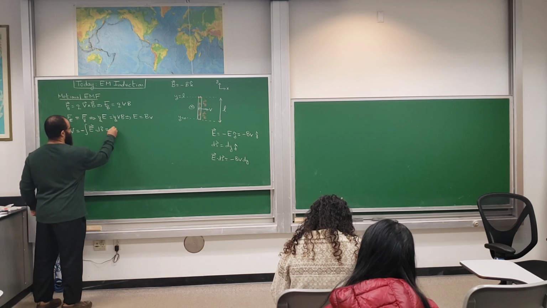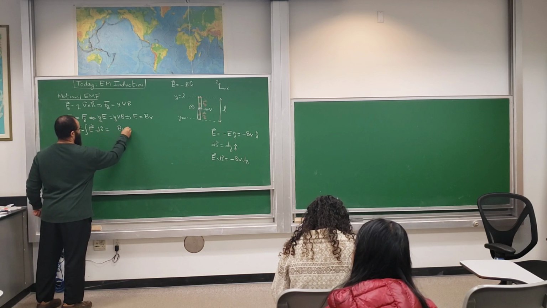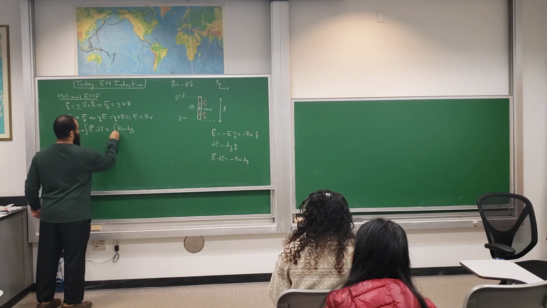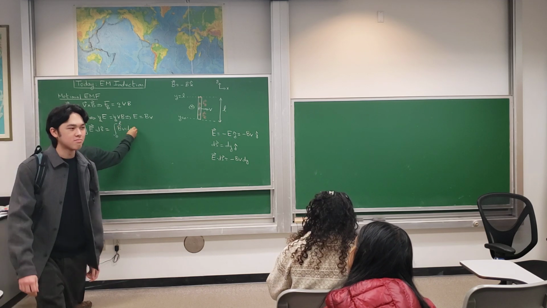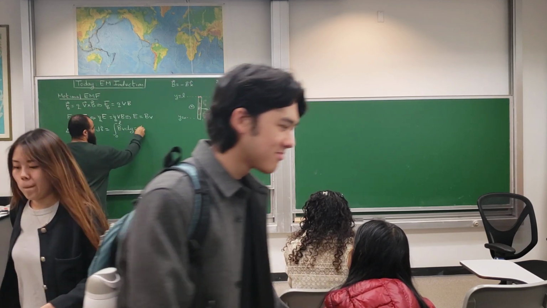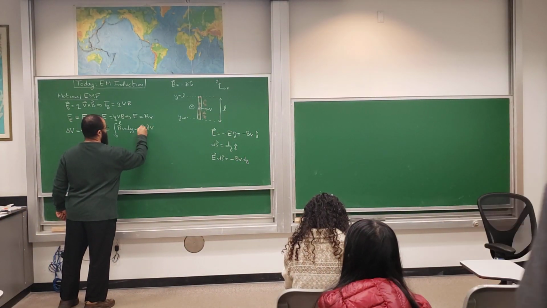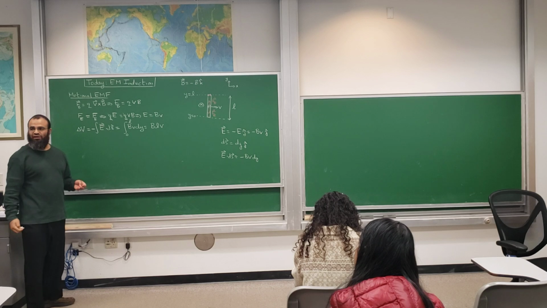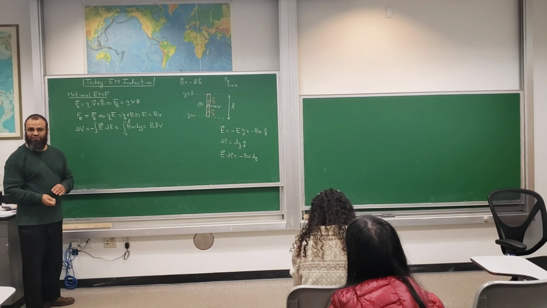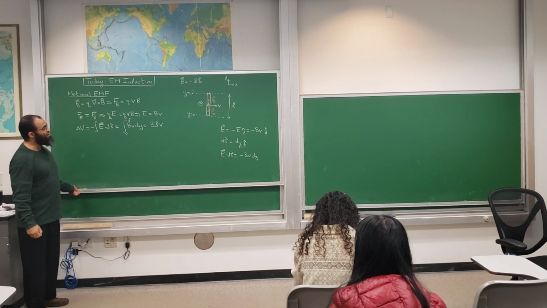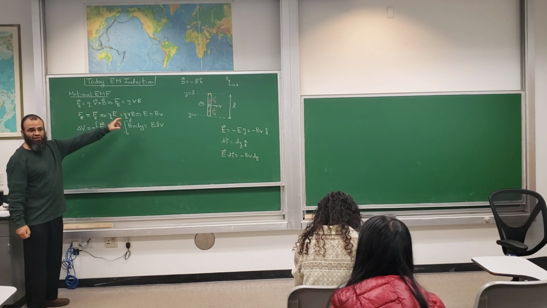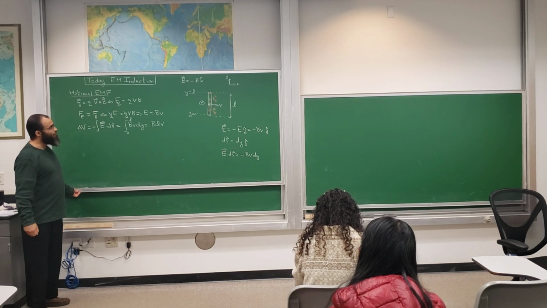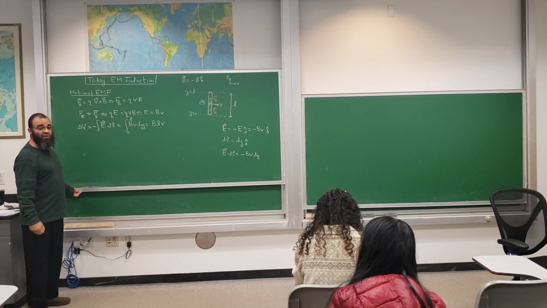We have y from 0 to L. So this just becomes V times L times B. That's the potential difference between the minus and the plus. It makes sense. The positive should be at the higher potential. So vBL.